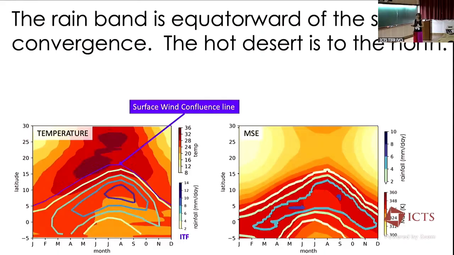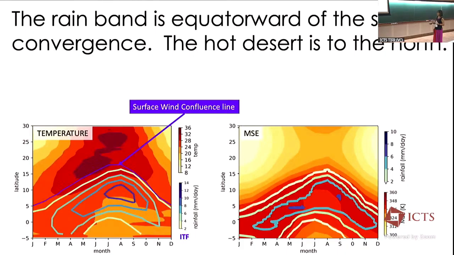So let's look at the relationship between the desert and the monsoon. So here, instead of having MSE, now I have temperature. And so we see this hot temperature, and the surface wind confluence line is in blue. So we see that here evolving and coming north and then going back south.